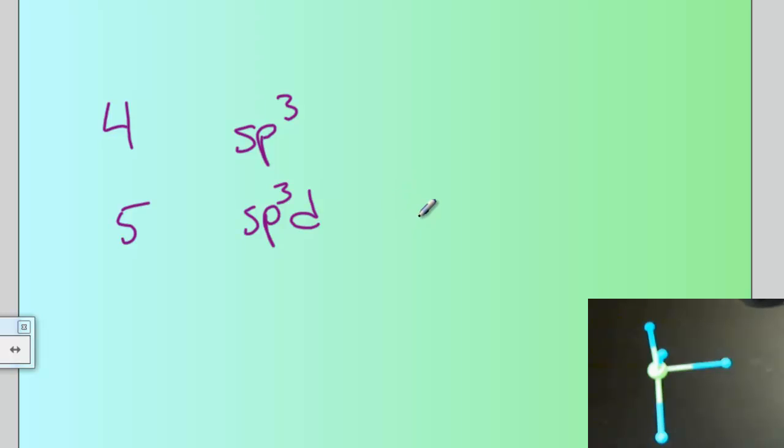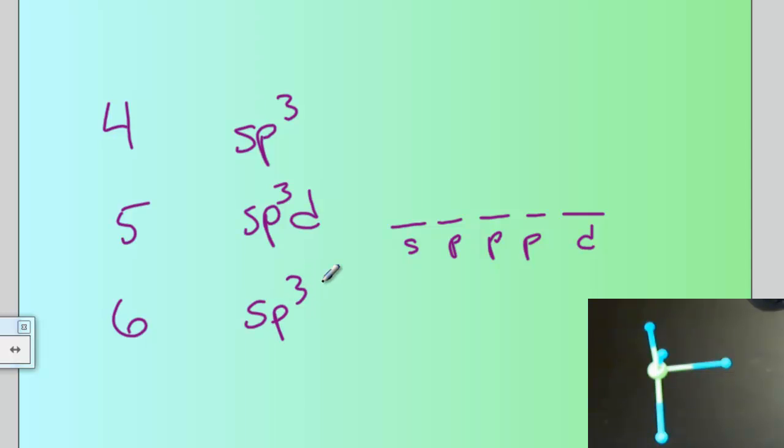What happens there is that I've got 1, 2, 3, 4, 5 places to put my electrons. I steal 1 box from the d's. So I've got s, p, p, p, and 1 from the d's. As you might imagine, 6 then is going to be sp3d2. So 1, 2, 3, 4, 5, 6: 2 from the d's, 3 from the p's, 1 from the s.